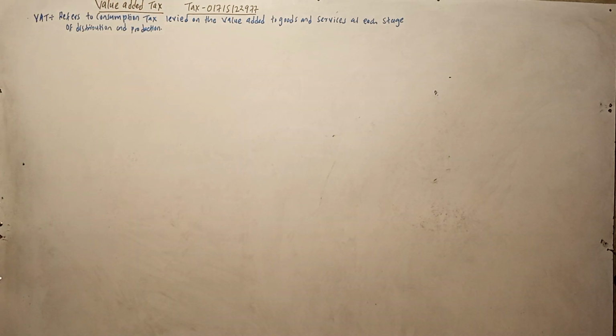So that's the definition of VAT. It is the tax which is levied on the value of goods and services at each level of production or distribution.